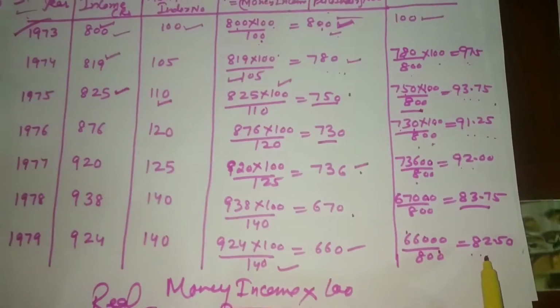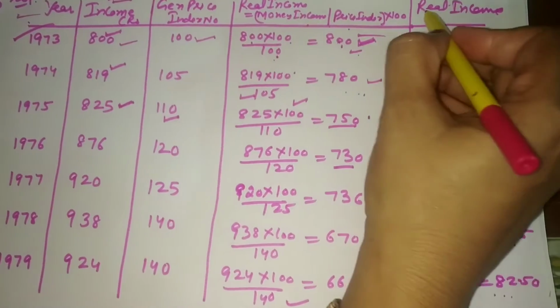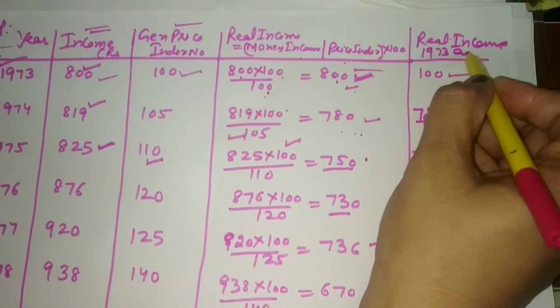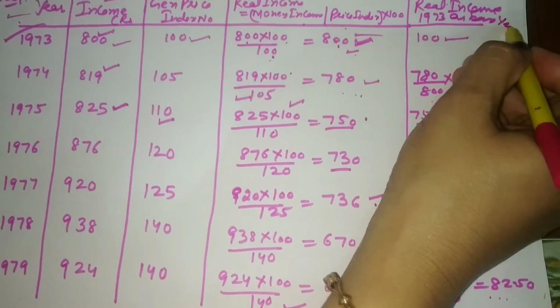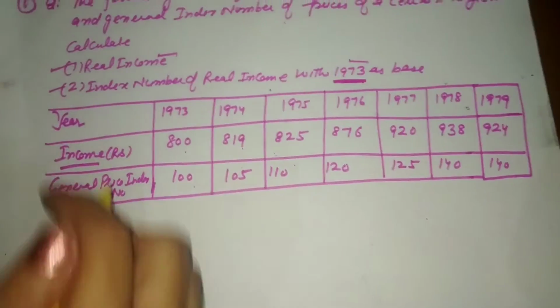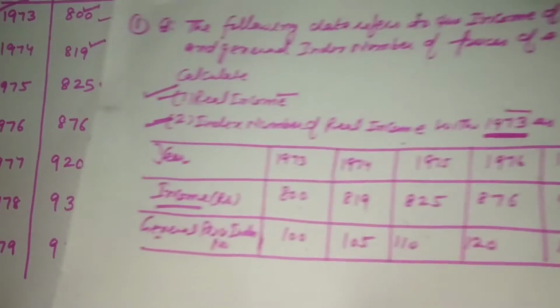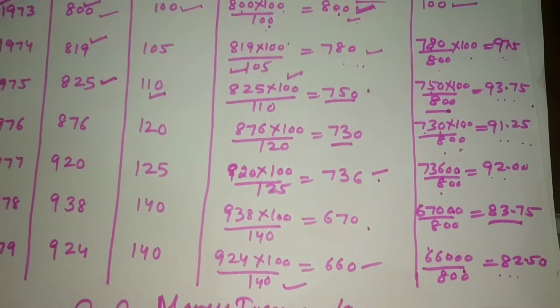This is the column that we have calculated, real income with 1973 as the base year. So this is the illustration. That means in this statement, we just have to calculate the real income and index number of real income with 1973 as the base. Any year can be asked as the base year.